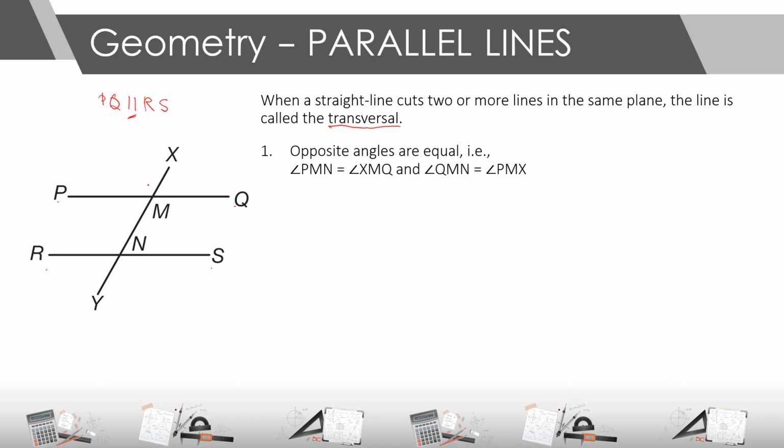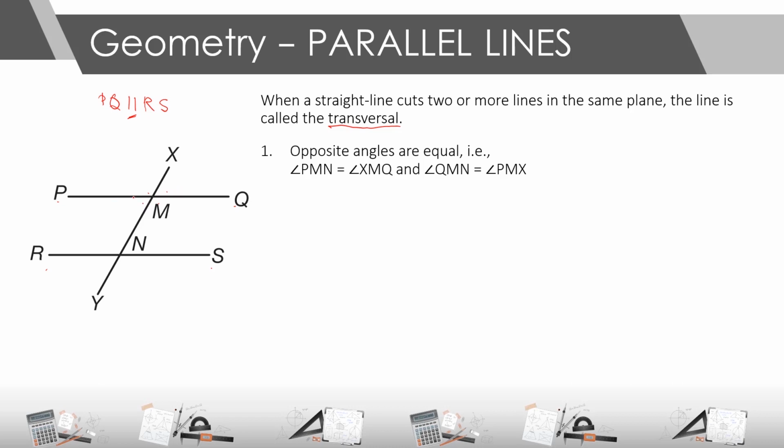So in this scenario, when this XY transversal is intersecting with the line PQ, it is making four angles. So if you look at this particular point M, there are four angles created: PMX, XMQ, QMN and PMN. These four angles are created. The first property is that the opposite angles are going to be equal.